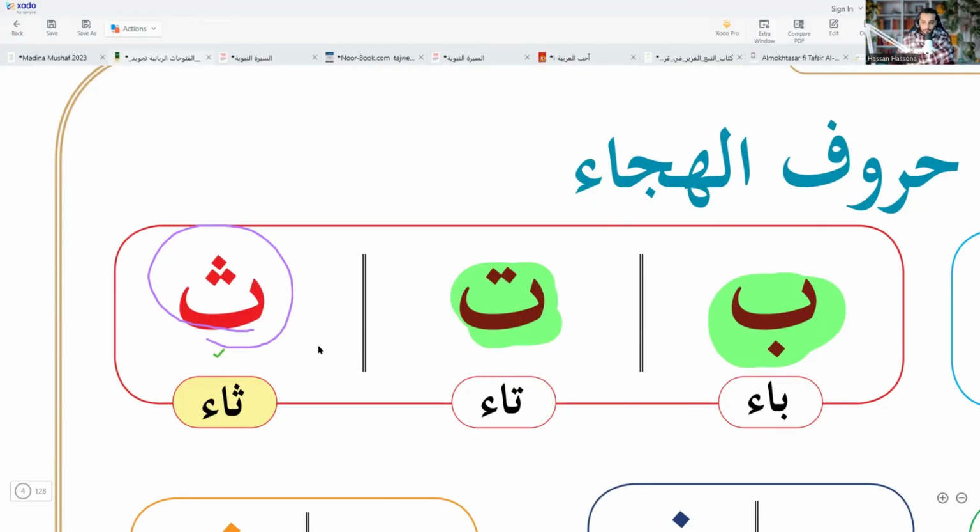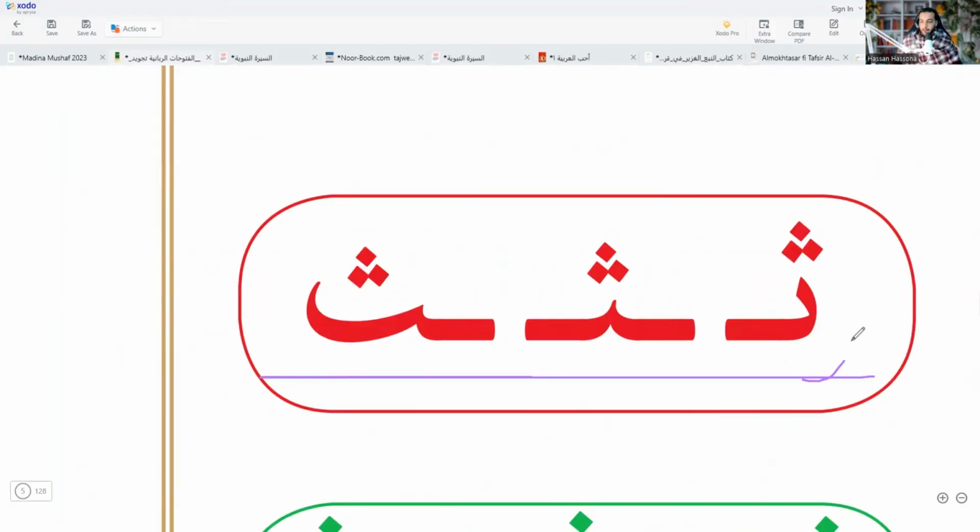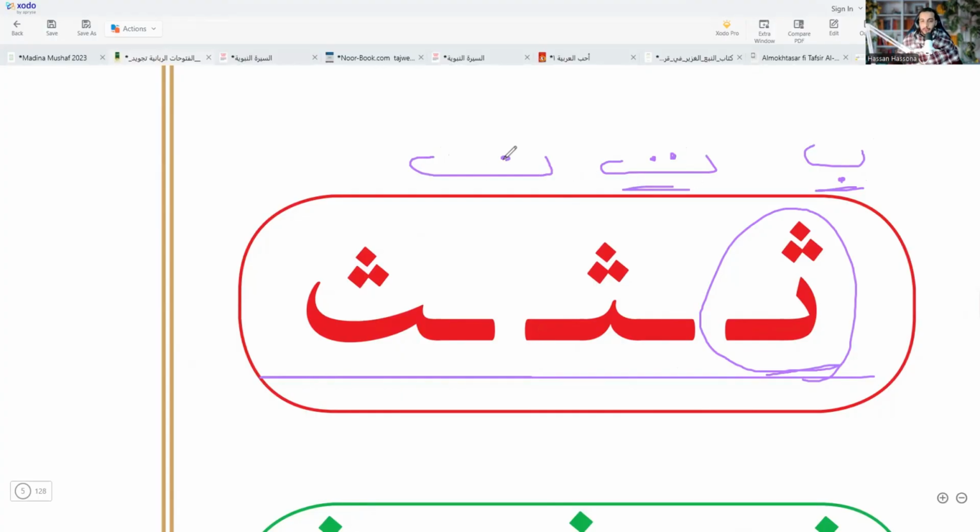Until now, you might think all of them are confusing, or not. Inshallah, they have differences. Remember, ba has one dot below the letter. Ta, the same form, but two dots at the top. Tha, the same form, but three dots at the top.